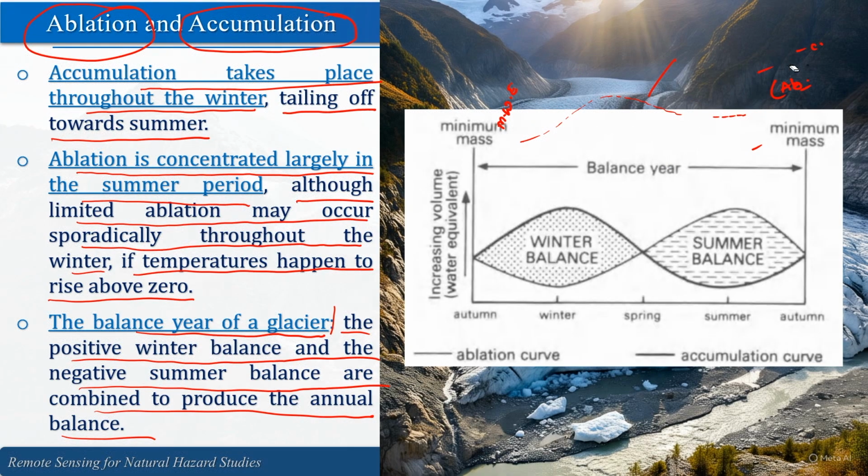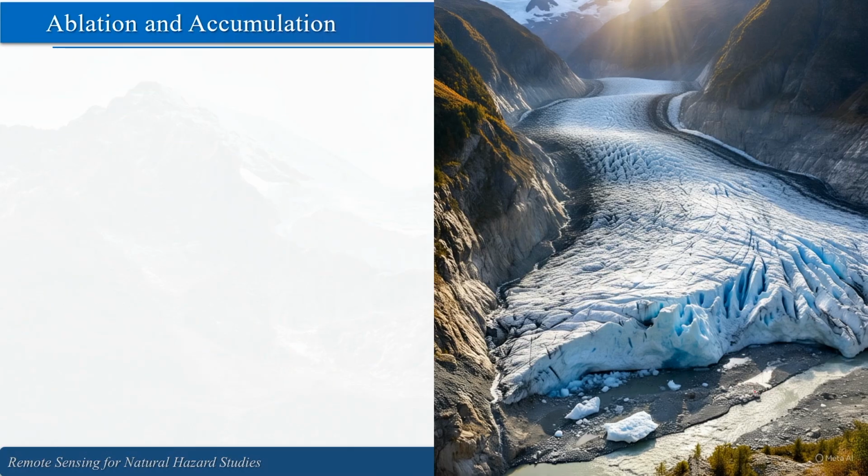If you see this kind of behavior where ablation and accumulation are equal to each other, then we call it mass balance or the balance year. If the ablation and accumulation are equal in a given year, then we call it balance year. This is winter balance, this is summer balance. Together there is no change in the mass, which is why we call it balance year.